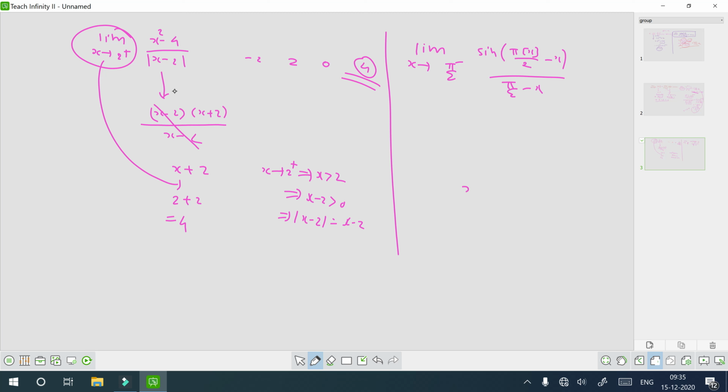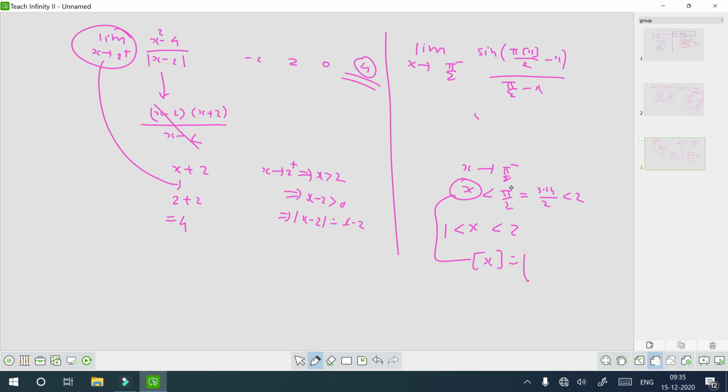See, x tends to pi by 2 minus, that is x less than pi by 2. Pi by 2 means what? 3.14 by 2, that comes out 1 point something, which is less than 2. So here x is less than that, so it comes out 1. So what can you say about the integer part function x? That is equal to 1.